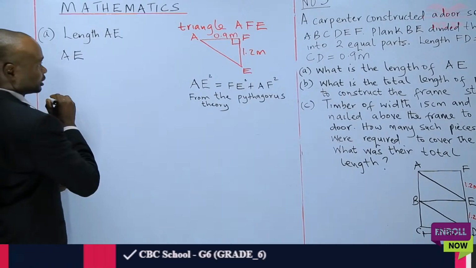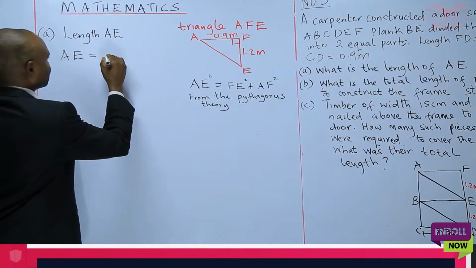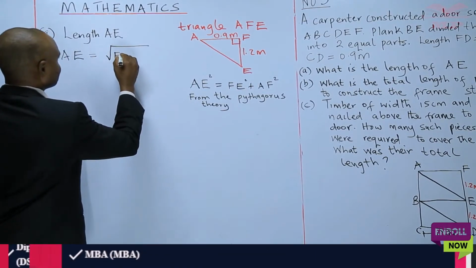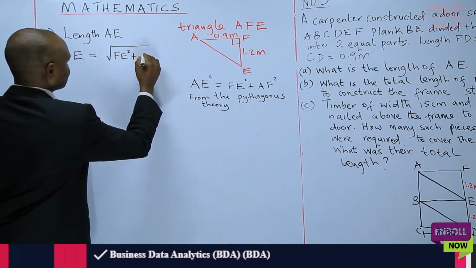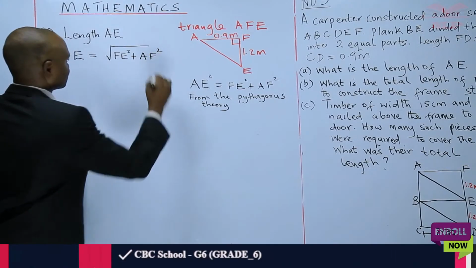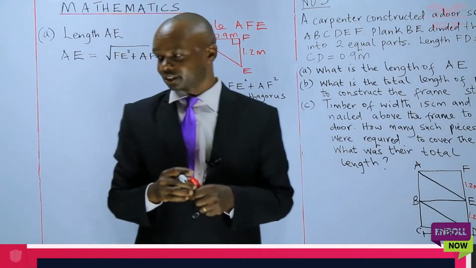So after working that, for length AE, you'll have to get the square root. AE will then be equal to the square root of FE squared plus AF squared. It is not the first time I'm talking about the Pythagoras theorem.